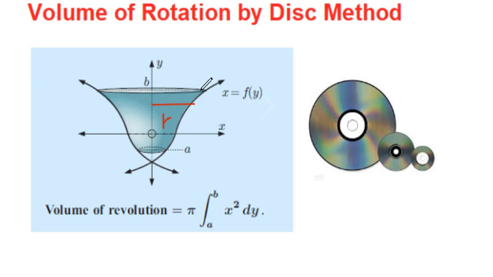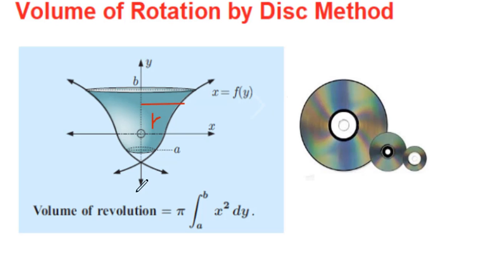Think about this curve rotated across the y-axis so that you can get this solid. For this solid, you can put millions of different disks like this into this solid.